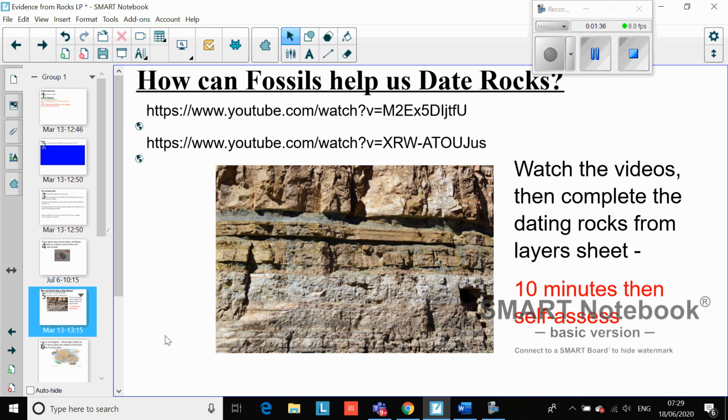Just bear in mind the sheet sort of repeats itself. So basically it's 2 pages, but actually they're the same page, so you only do 1 page. Okay, so the videos together are probably about 7 or 8 minutes, and then 10 minutes to do the sheet. Okay, so pause the video and then off you go. Thank you.